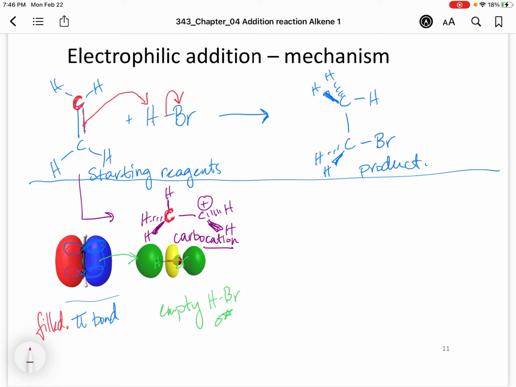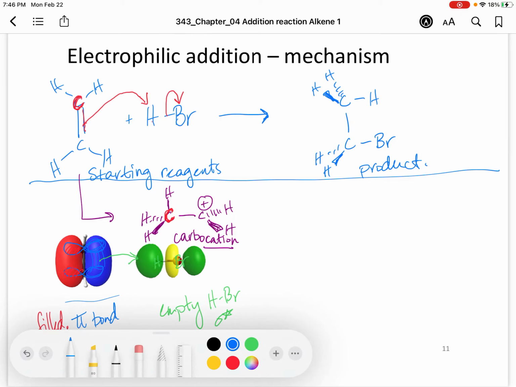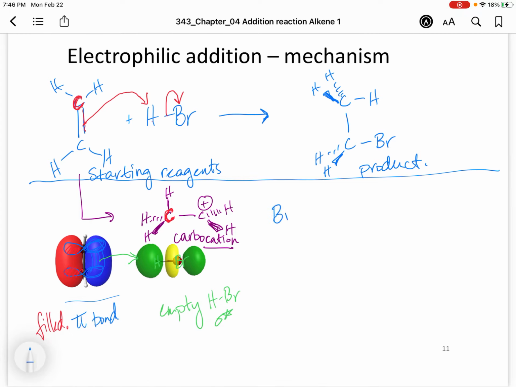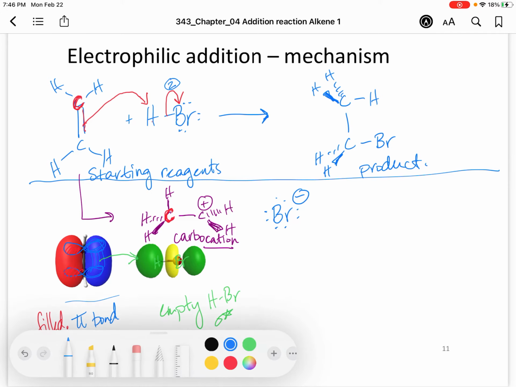So what happens now is we ended up making this Br minus. We still have Br minus present. And I know it's minus because our second arrow here at the top gave another lone pair to bromine. And it already had 3 lone pairs. So now it has 8 electrons and it is negative.